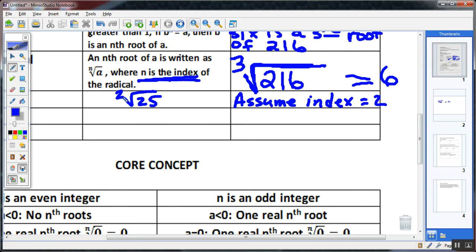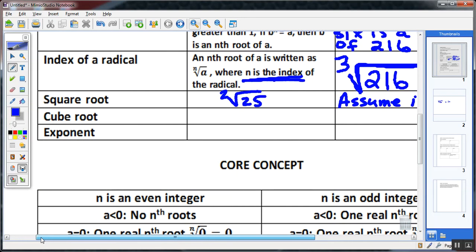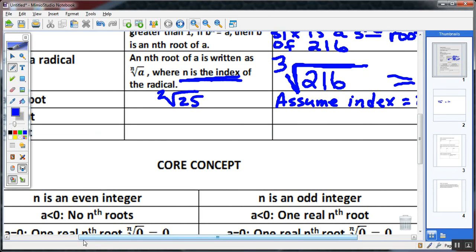Kids, how about cube roots? 3. Yeah, the index is 3. For cube roots, an example we just looked at, like the cube root of 216, your index is always what? 3. Okay? And then I think you know what an exponent is. We're going to look at fractional exponents as they relate to radicals.